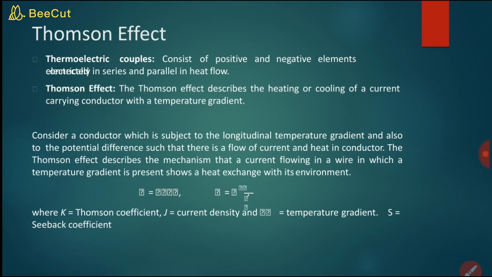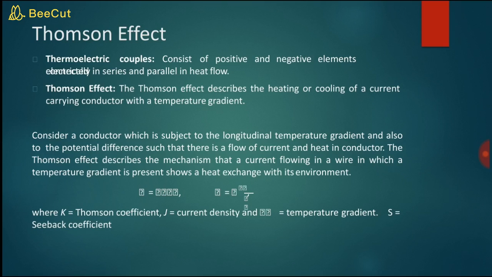So what we have is a current-carrying conductor which is subjected to a longitudinal temperature gradient and also a potential difference, such that there is a flow of current and heat in the conductor. So this effect describes the mechanism that a current flowing in a wire in which a temperature gradient is present shows a heat exchange with its environment.